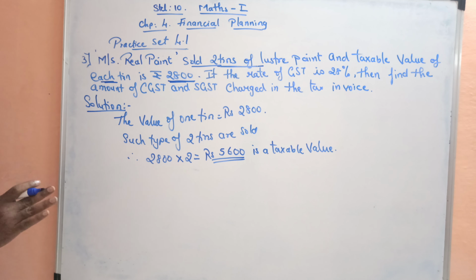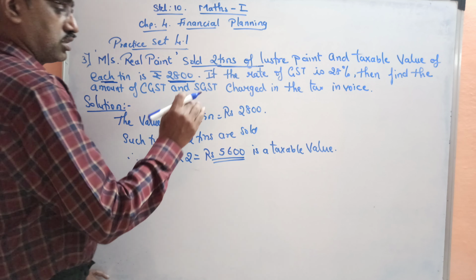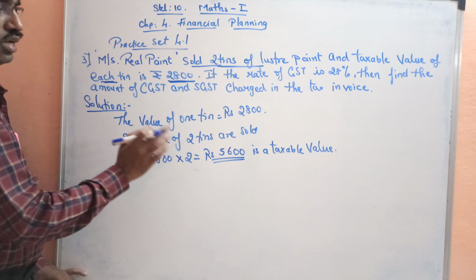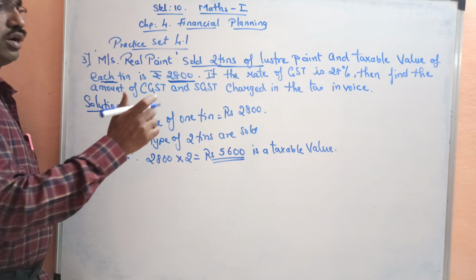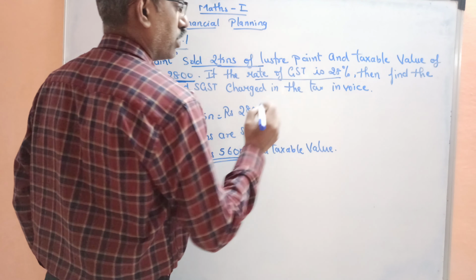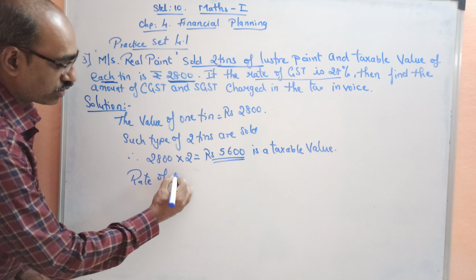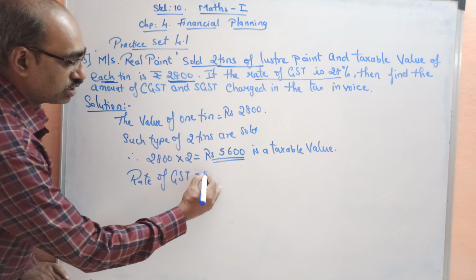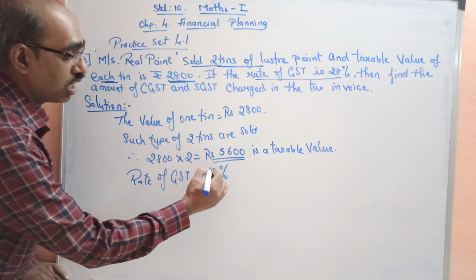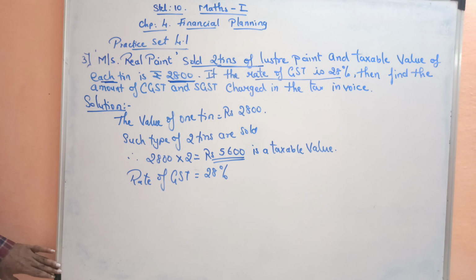Now you have got the value. Now what is the rate of GST? Till here, these 2 sentences, the complete thing is this much. Now the rate of GST is how much? 28%. Rate of GST is equal to 28%. How is it 28%, that you have to write.